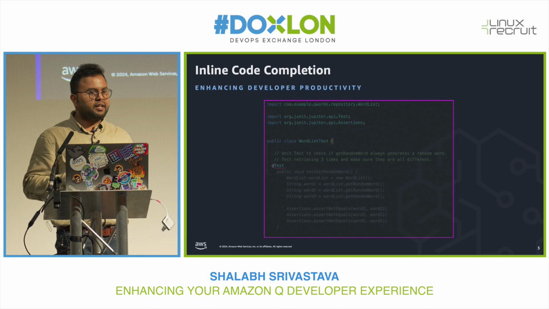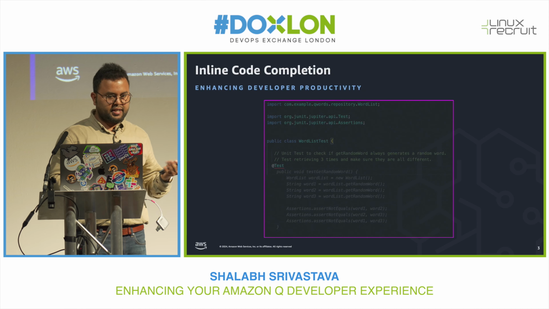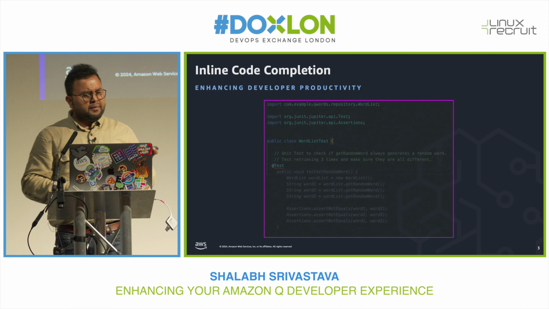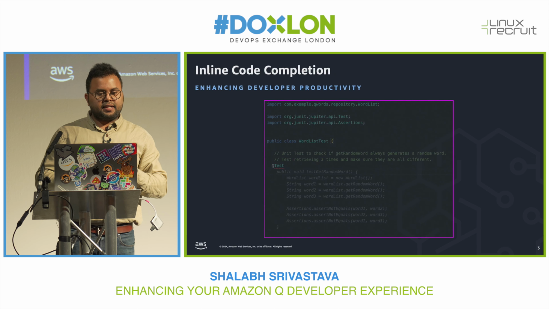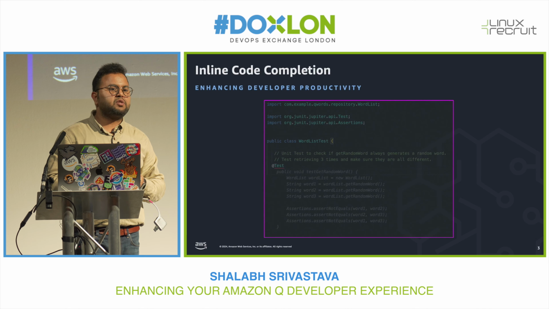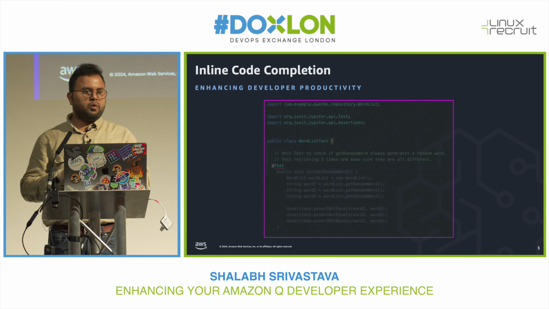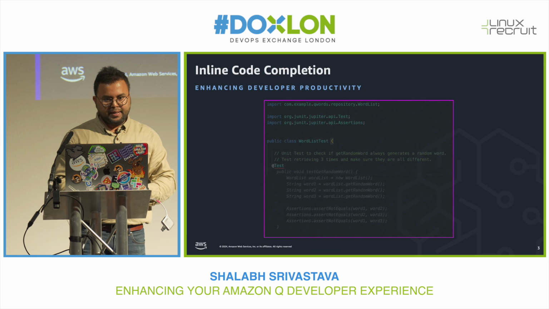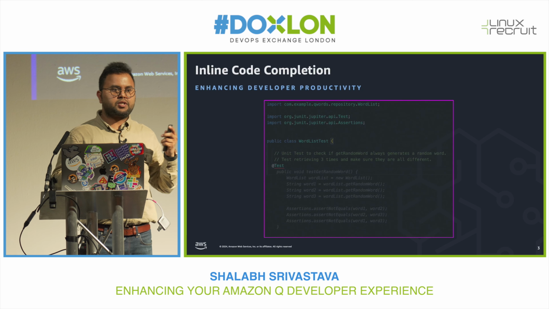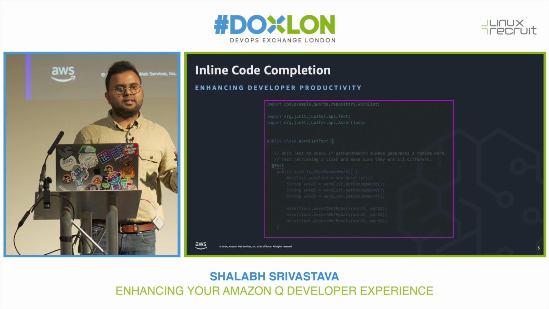For the file that I'm working in, it will suggest according to the code that is there in that particular file, as you can see here. And yes, it is the AI model. It uses a base model which is trained on a vast collection of open source as well as Amazon's internal coding best practices. The inline suggestions are automatically enabled as soon as you install the Amazon Q extension on your IDEs.